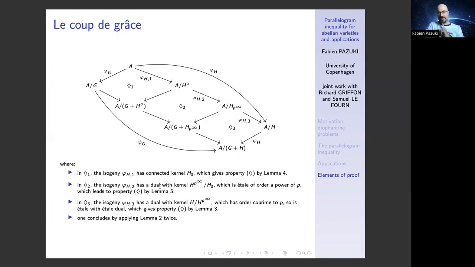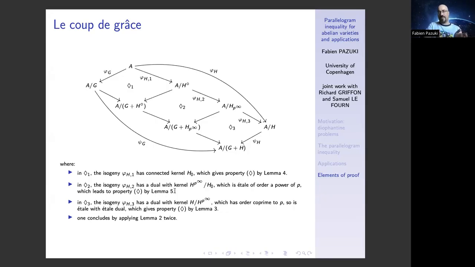Well, the isogeny itself, you need to look at it carefully, but it has a dual with a kernel that is étale of order a power of p. So in fact, for the dual, you're able to prove the parallelogram, and then you need to explain how to deduce it from the dual situation. So this I did not explain, but it's in the paper, of course.